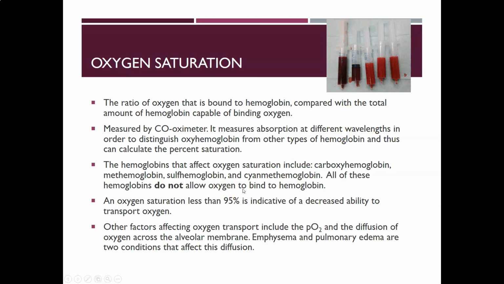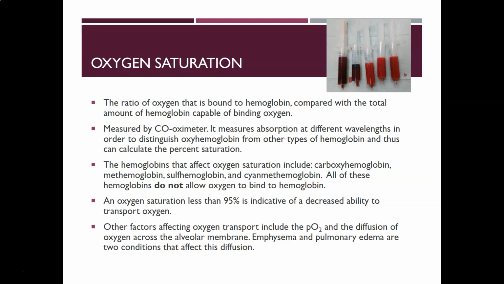The hemoglobins that affect oxygen saturation can include carboxyhemoglobin, which is with carbon monoxide bound to it, methemoglobin, which happens a lot of times with exposure to sulfur drugs, sulfhemoglobin, and cyanmethemoglobin, which is like a blue. All of these hemoglobins do not allow oxygen to bind, so they interfere with hemoglobin binding to oxygen.